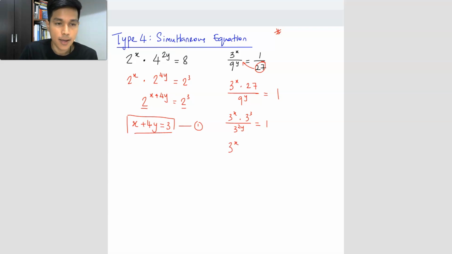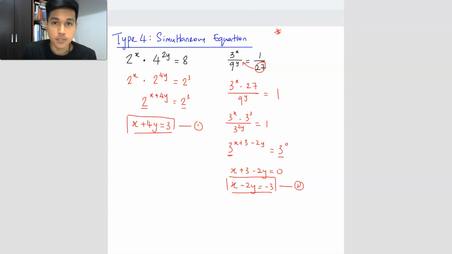Times means you have to add the power, so x plus 3, and since this is a fraction, you are going to divide. When it's divide, you have to minus the power, so it becomes minus 2y, equals, 1 I can change to the same base, so it becomes 3 power 0. They are the same base already, so I just write x plus 3 minus 2y equals 0. So I rearrange this: x minus 2y equals negative 3. So you've got your second equation here.